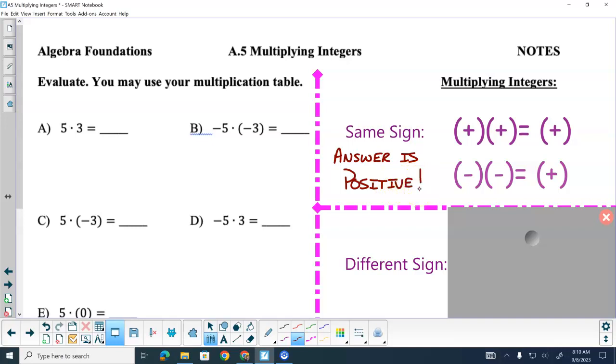Even if you're multiplying 2 negatives together, your answer is going to be positive. Okay? Write that down.